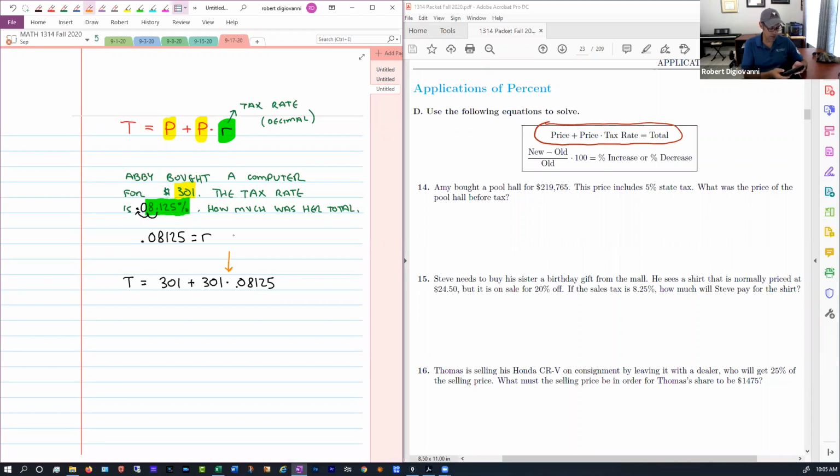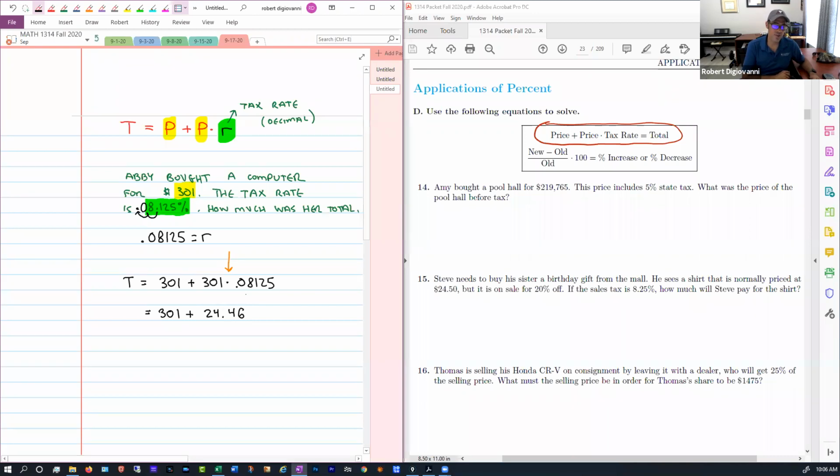So I'm going to get on my calculator right now. I'm going to do 301 times 0.08125, and I get 24.456. I'm going to round to 2 decimal places, and the reason I'm rounding to 2 decimal places is because we're talking about money.